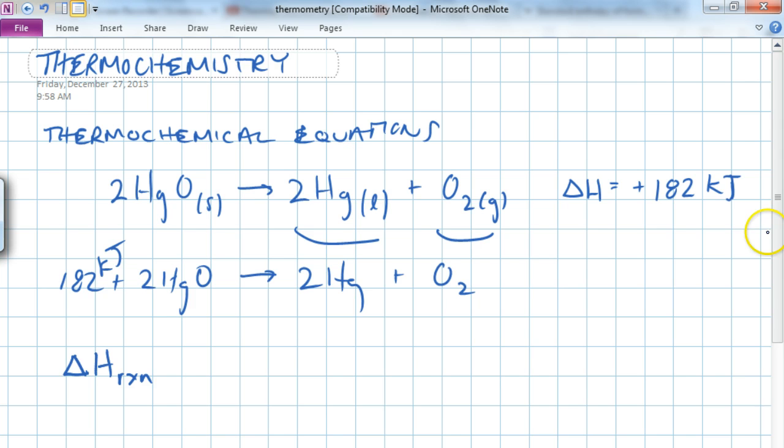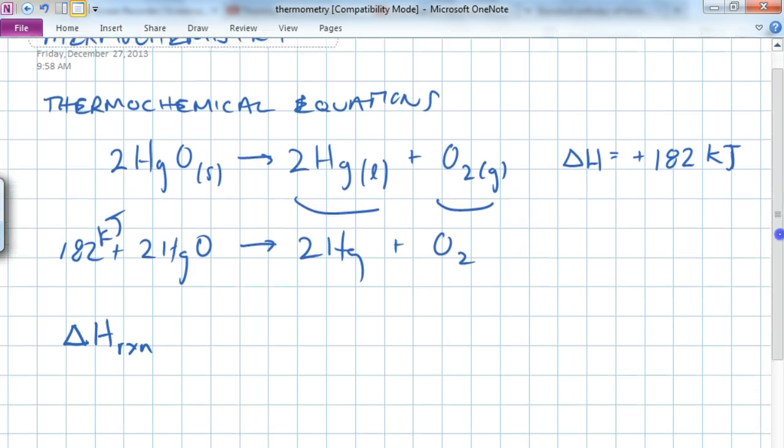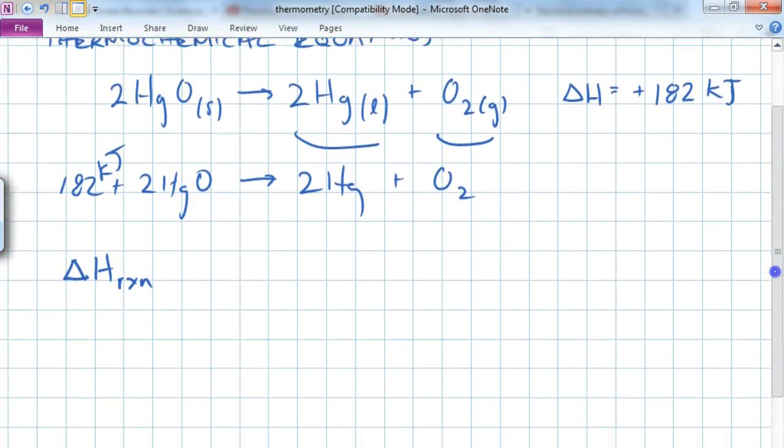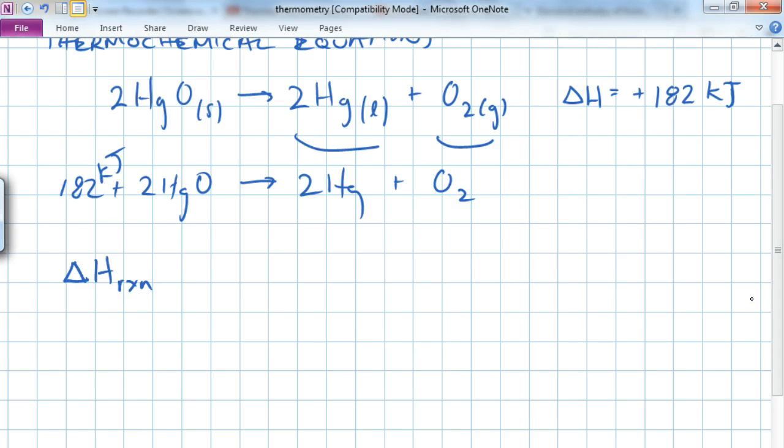Now, there's a couple things I want to talk about before we move on with the 3 rules of thermochemistry. And those are some different, I guess you could call them kinds of delta H's. This sort of delta H here might be called delta H of reaction. You might also see, if this were a combustion reaction, delta H of combustion.